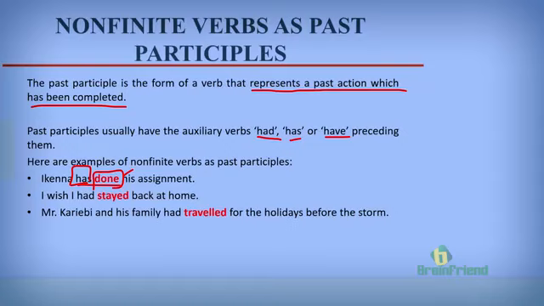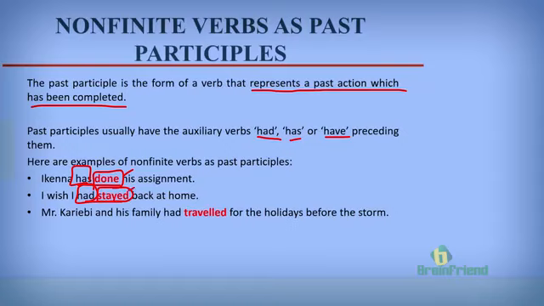We also have I wished I had stayed back at home. Stayed here is in the past participle because it is preceded by the auxiliary verb had. So the verb stayed is a non-finite verb functioning as a past participle verb.